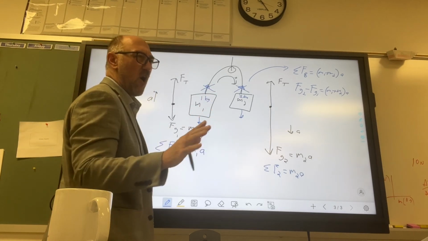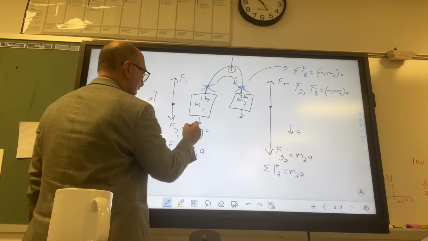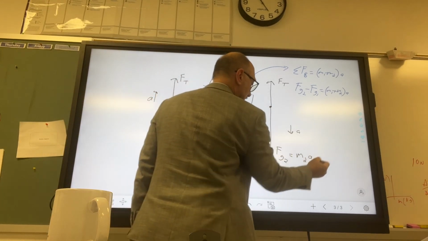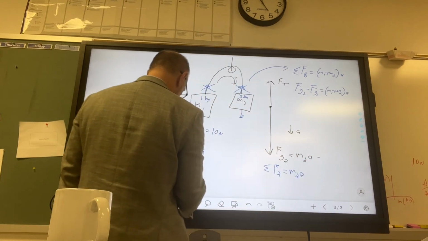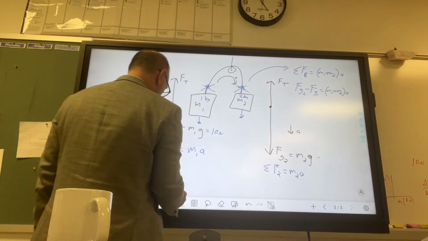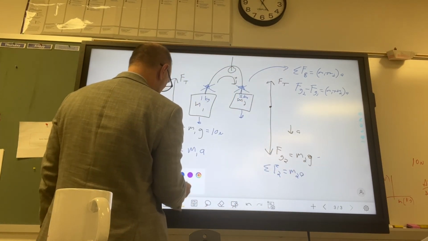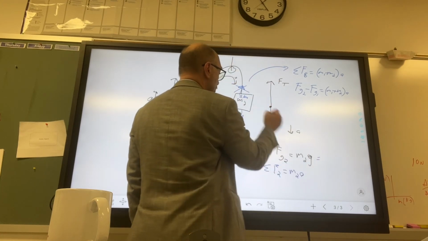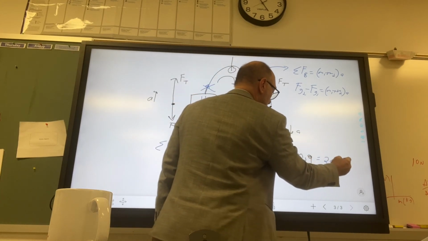So the number will be off by a little, but you'll get the idea. So we can do this in our head now, right? This is going to be 10 newtons. Sorry, this is supposed to be a G, gravity. So back to blue. This guy's going to be 2 times 10, 20 newtons.